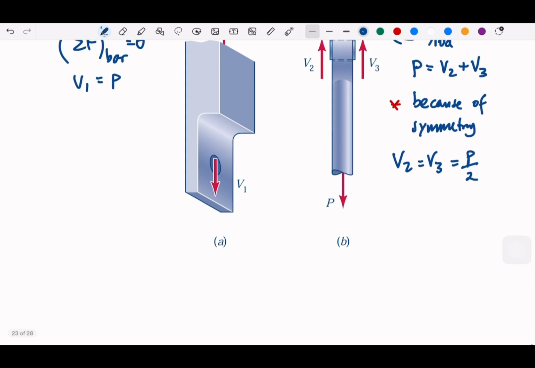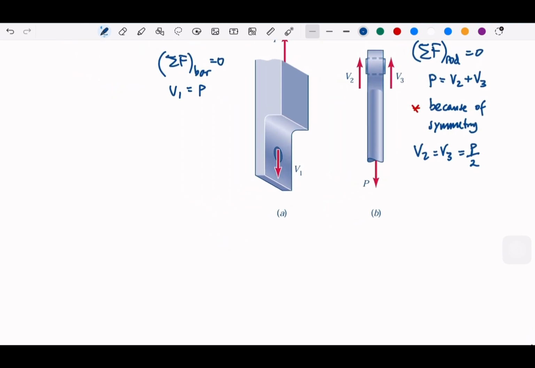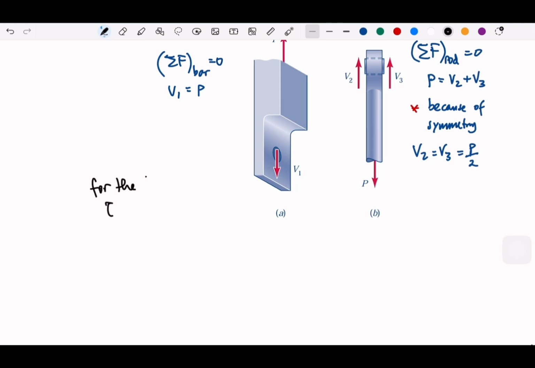And therefore, the shear stress, let me write, the shear average. So for the bolt, let me write B for bolt, the average will be V1 divided by the area for bolt.